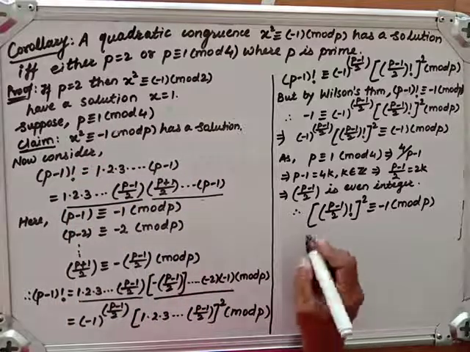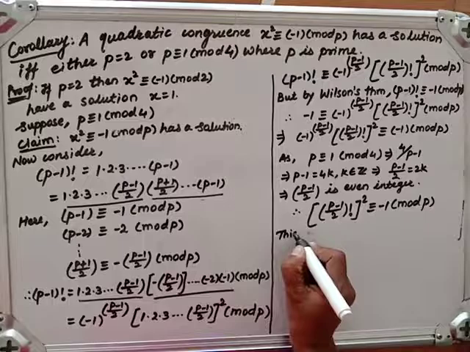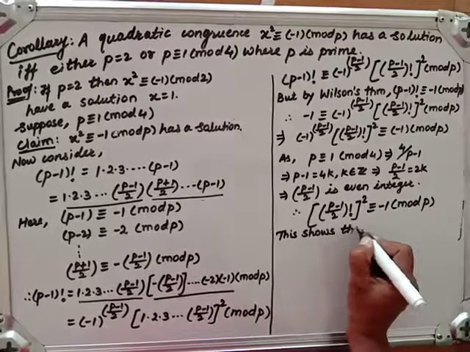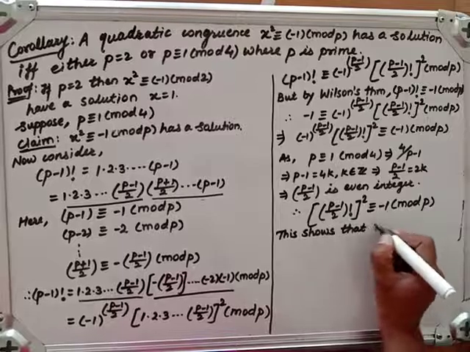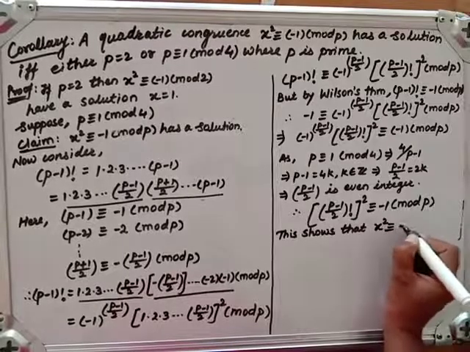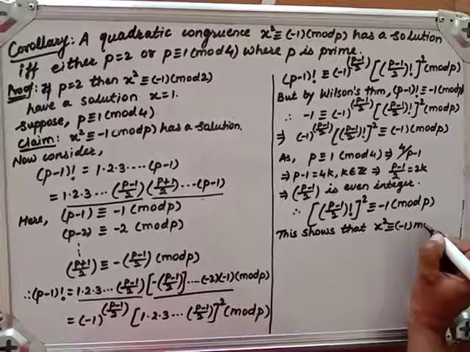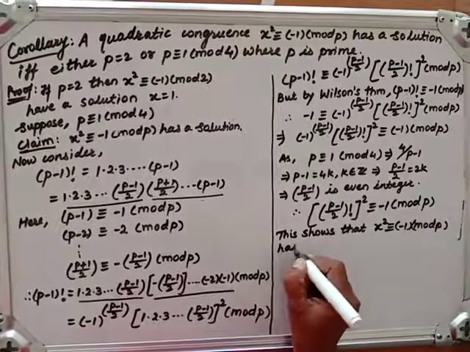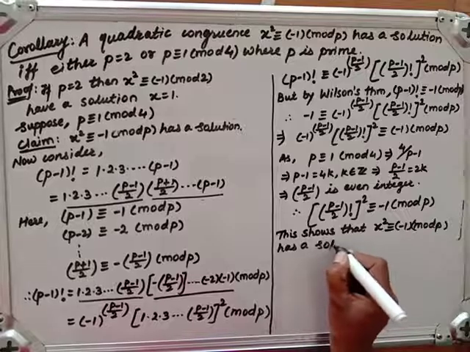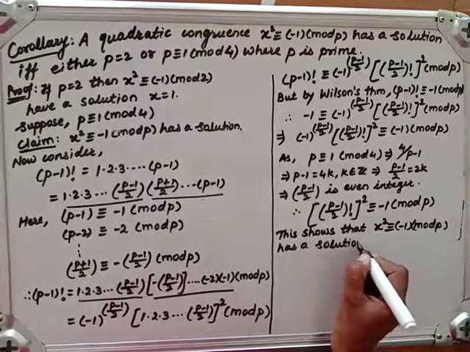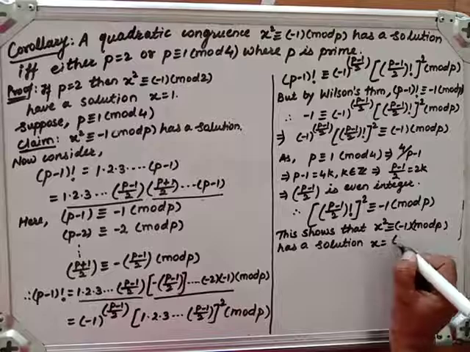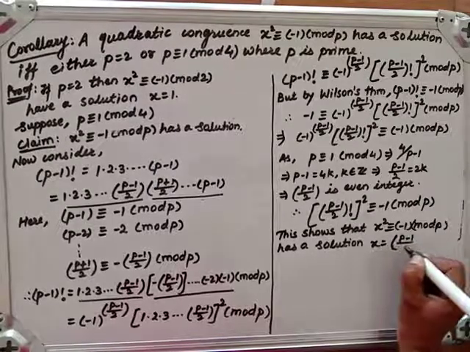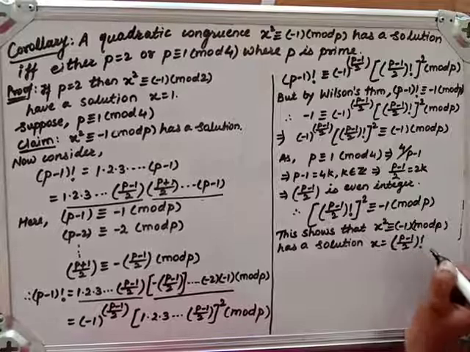So this shows that x squared congruent to minus 1 modulo p has a solution, x is equal to this ((p minus 1) by 2) factorial.